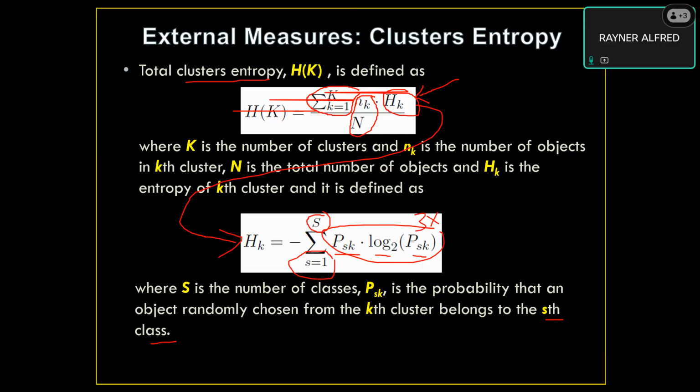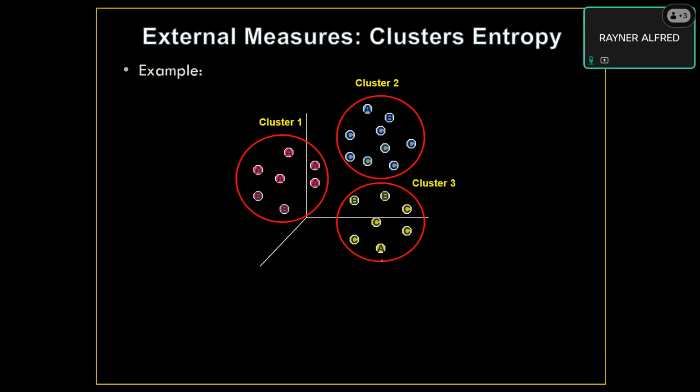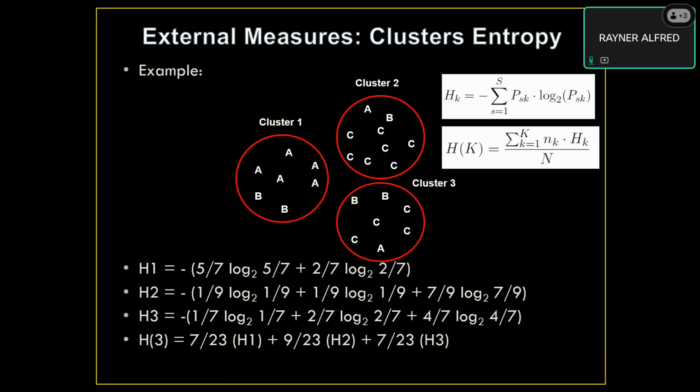Okay, so let's take a look at this example. We have three clusters here, and we can look at the label of each cluster. The formula for the overall entropy is given here, but the entropy for an individual cluster is basically this one.